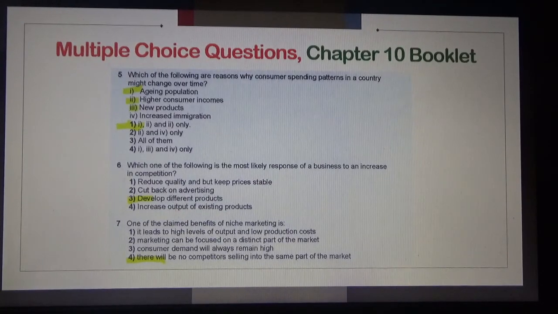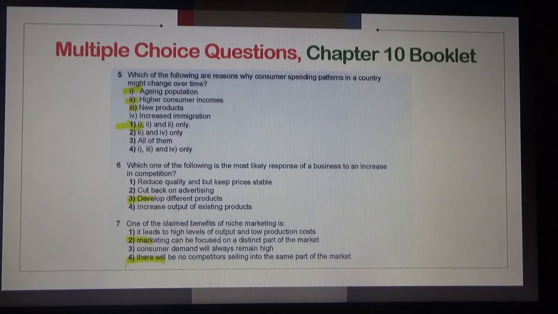Do you think so? Let's analyze. One of the claimed benefits of niche marketing is it leads to high levels of output. There's no need to increase your output because there's a small market only. Number 2, marketing can be focused on a distinct part of the market. So I guess this is to be considered.